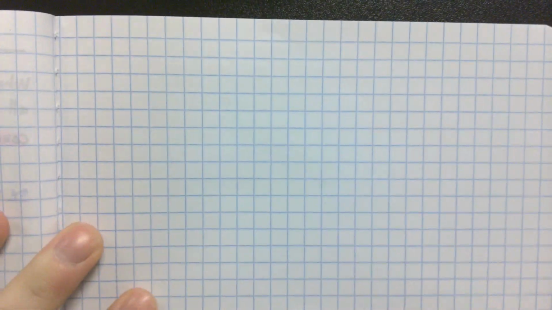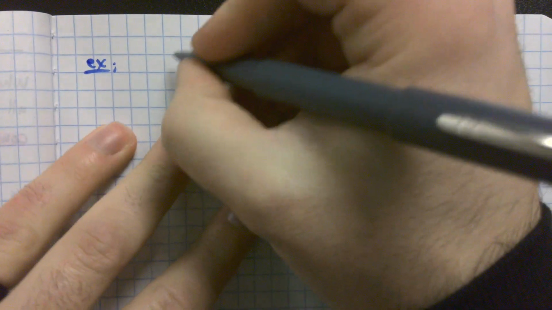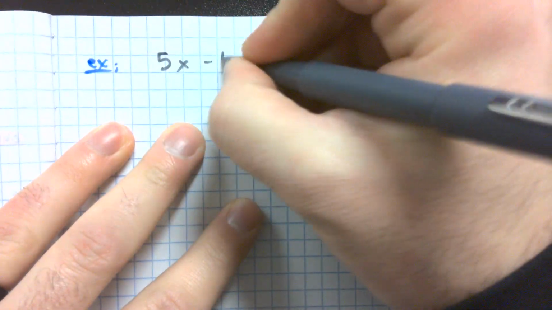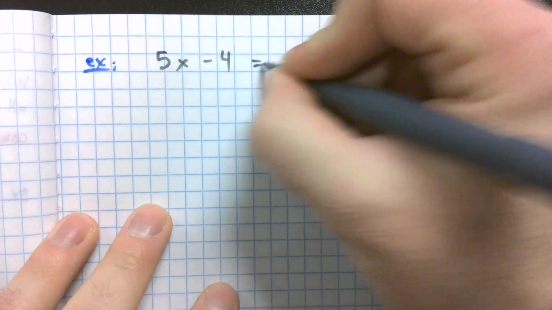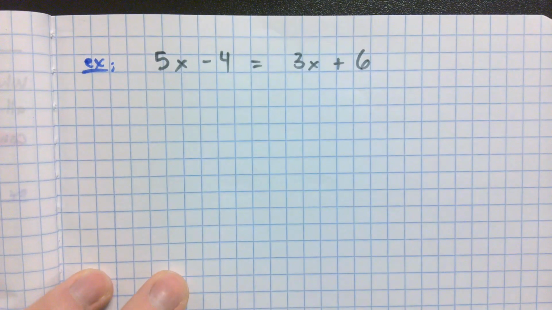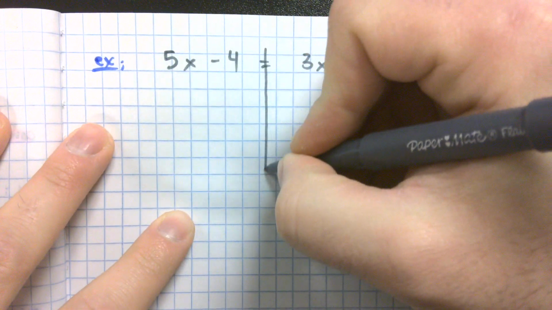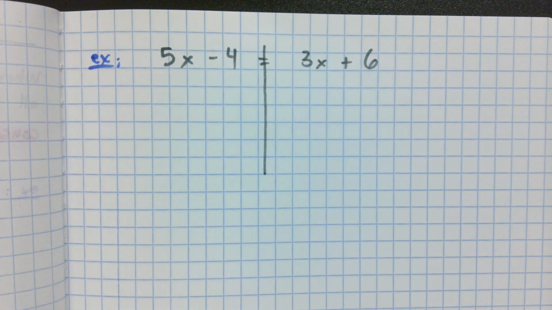Last but not least, after combining like terms, we took a look at having variables on both sides. So let's say we've got 5x minus 4 equals 3x plus 6. I'm going to split my equal sign.